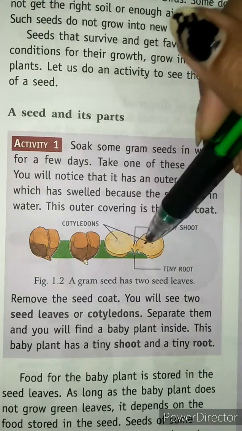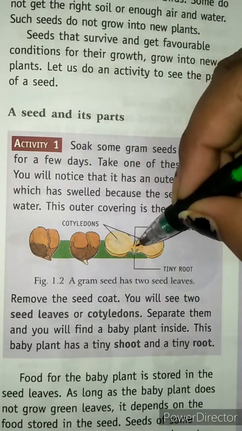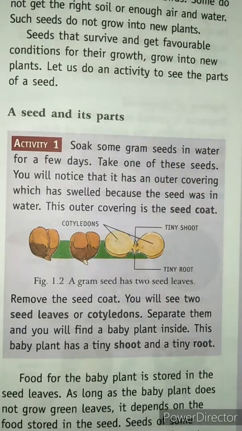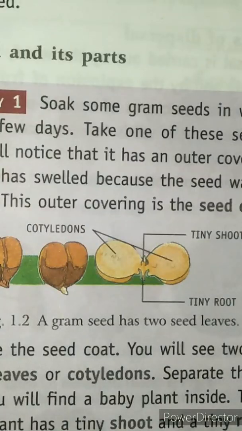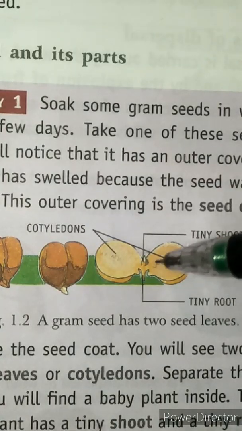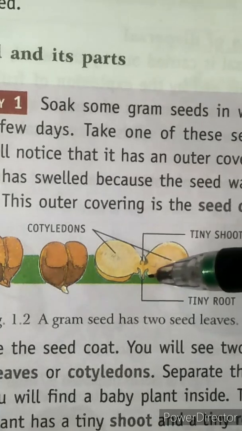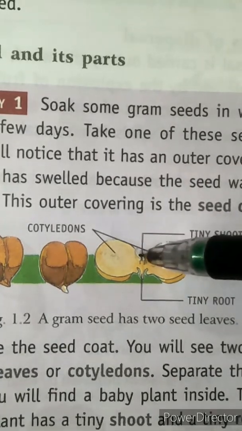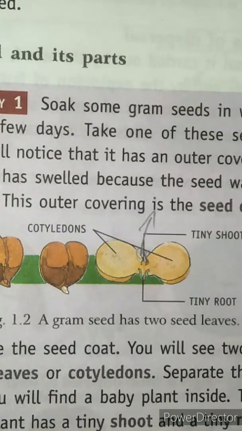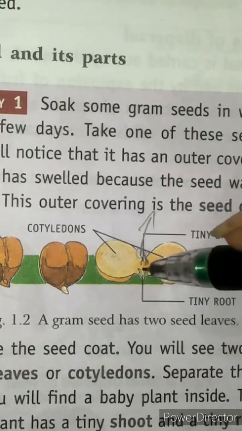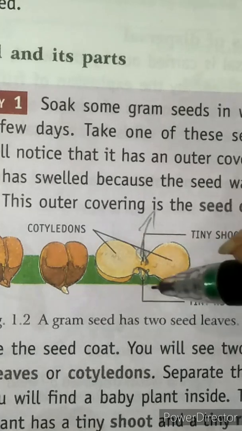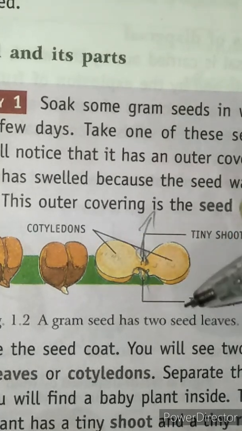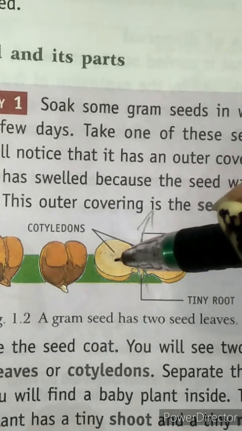This fleshy part is known as cotyledon, and here you can see the tiny shoot, and this is the tiny root. This further changes into leaves and stems, and this tiny root further changes into so many lateral roots. Clear? So this is cotyledon.